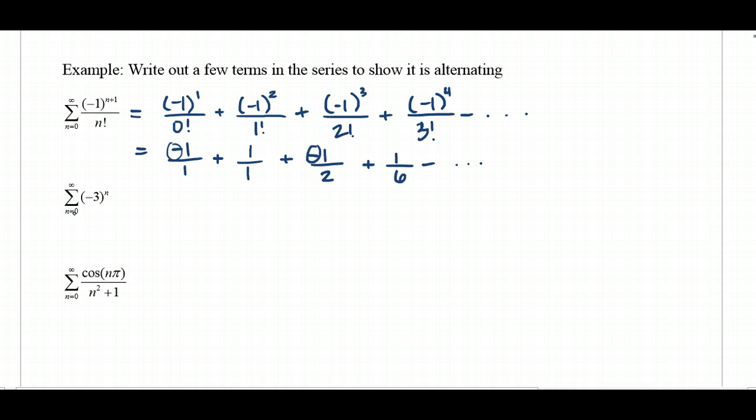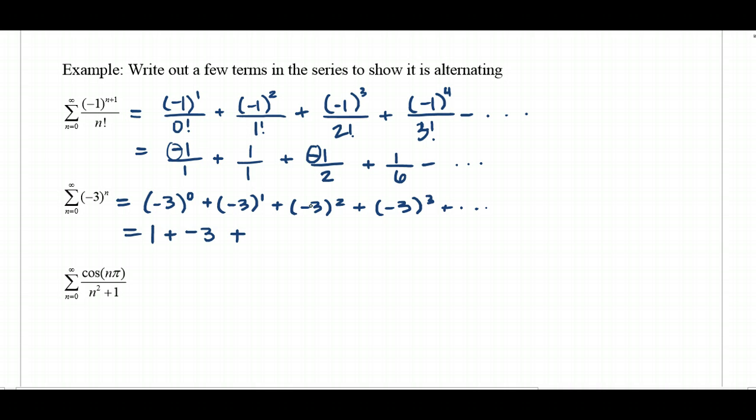Now here I have the sum from n equals 0 to infinity of (-3)^n, so let's write out a few terms. So (-3)^0, plus (-3)^1, plus (-3)^2, and then plus (-3)^3, and we'll just keep putting dot, dot, dot. Anything to the 0 is 1. (-3)^1, so this is plus -3.